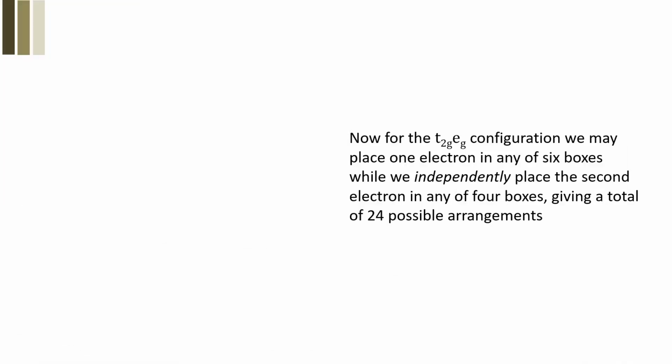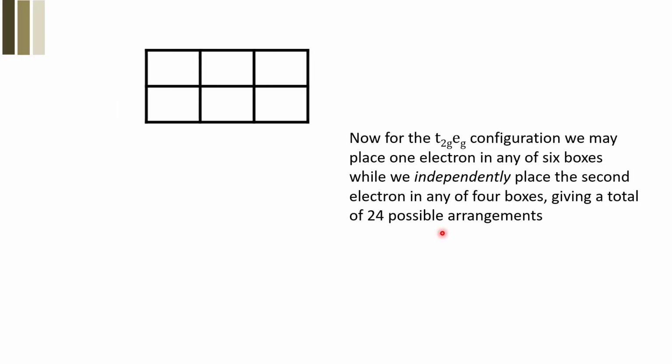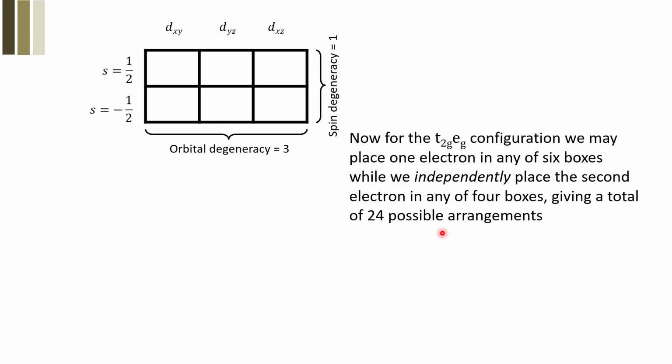Now the last case is for the T2g and Eg configuration, and for this there are possibilities that one electron is present in the 3 set of degenerate orbitals dxy, dyz, dxz, where the orbital degeneracy is 3 and spin degeneracy is equal to 1, because there is only one electron. And similarly, the possible combination here would be 6 factorial upon 1 factorial into 5 factorial.